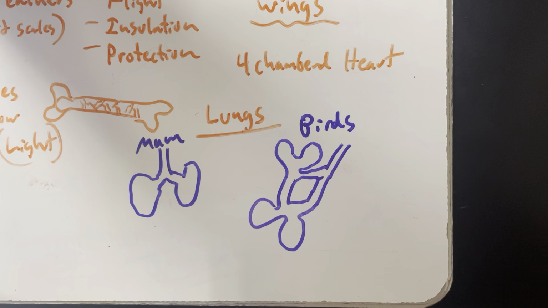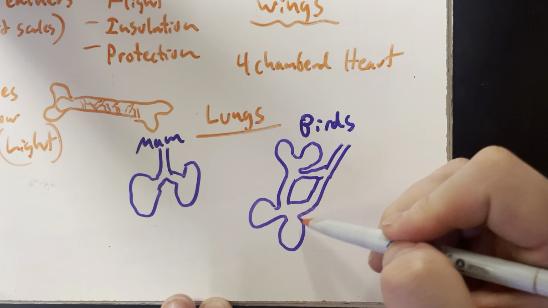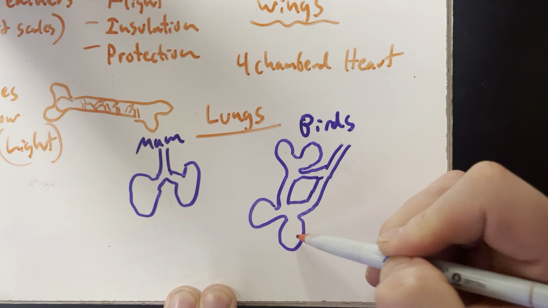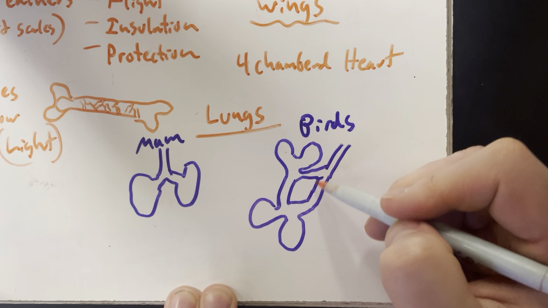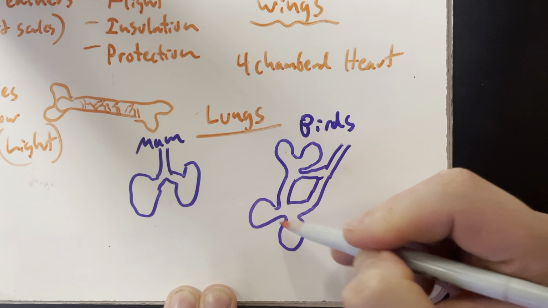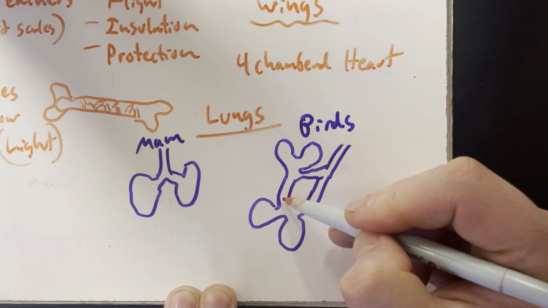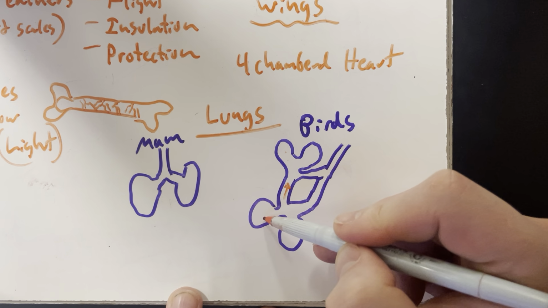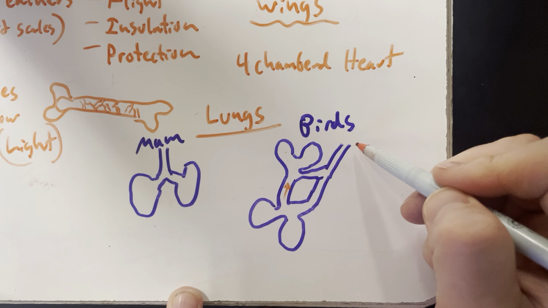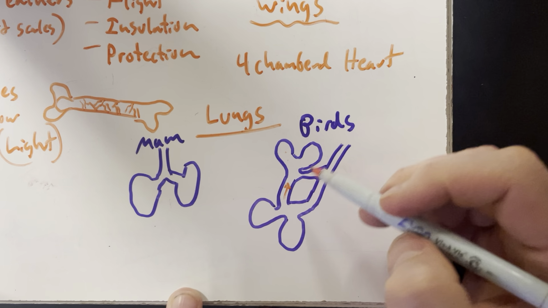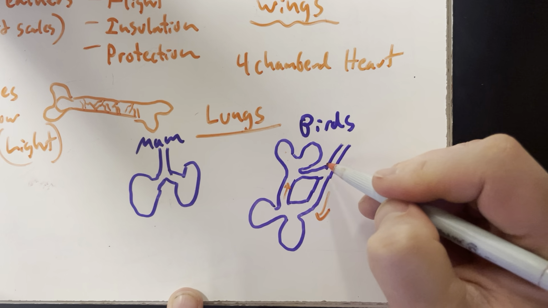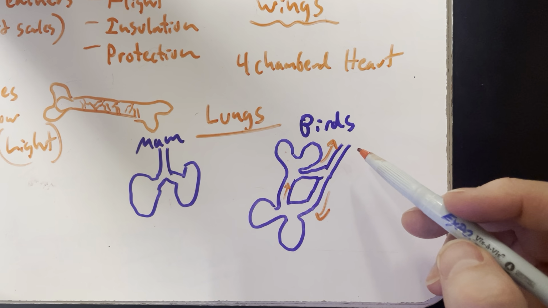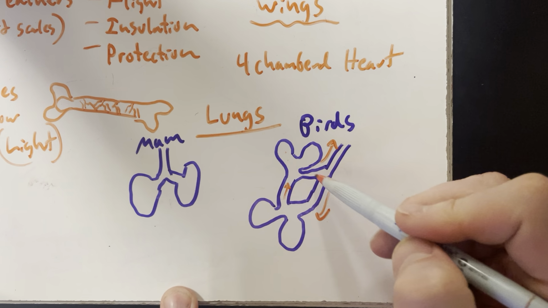So something like this. I don't know if I drew it perfectly well. As they breathe in, the air is filling up these sacs, and it's moving the air this way to fill up these sacs. And then when they exhale, this air moves across, this air leaves, and then they inhale. So the air is constantly going in a circular motion. It goes in and out at the mouth, but down in the air chamber, it's going in this circular pattern.